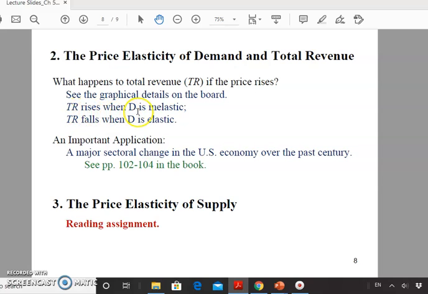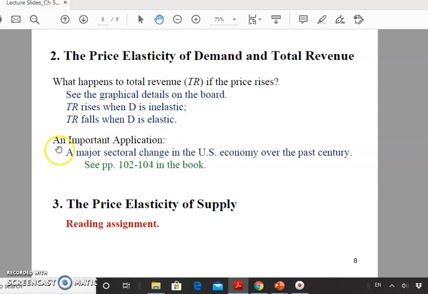It rises when demand is inelastic. Total revenue falls when demand is elastic. Remember, in both cases, we're talking about a higher price. Okay? So, of course, if your goal is to increase your total revenue, in this case, you should increase your price. Okay?